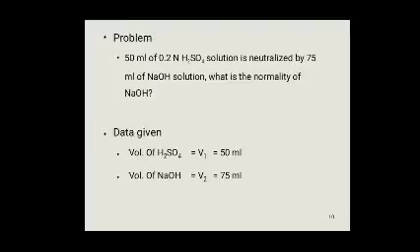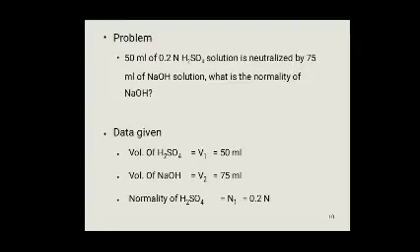Volume of NaOH solution V2 is equal to 75 ml. Normality of H2SO4 solution N1 is equal to 0.2 N. Then calculate the normality of NaOH, N2, is equal to how much?